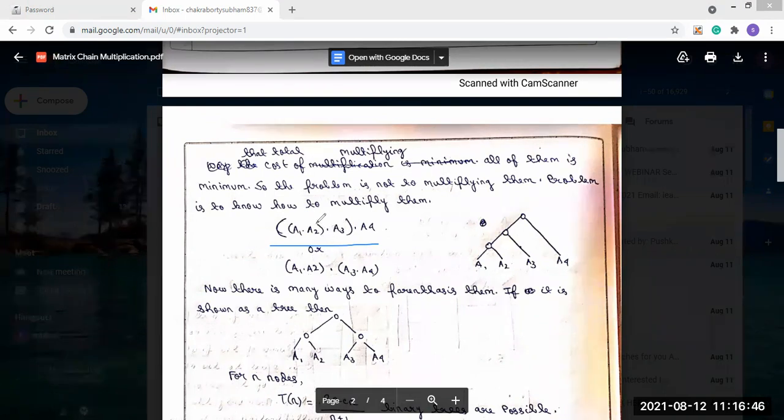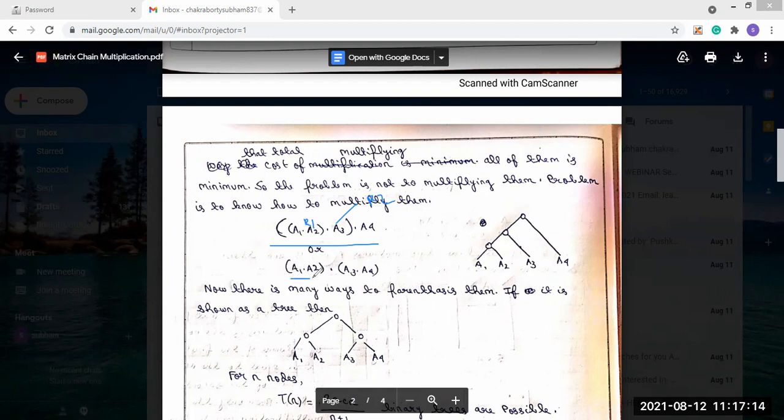R1 is multiplied with A3, and the resultant R2 is generated. Now R2 is multiplied with A4.